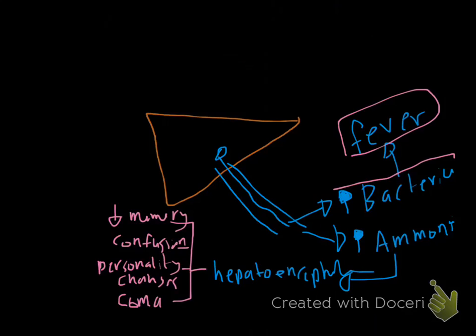Fever is not only caused by increasing bacteria in liver failure, but also by an inflammatory process that happens in the liver when it fails. Okay, this is the second cause of fever in this case. Also, the derangement of the portal circulation will lead to portal hypertension.